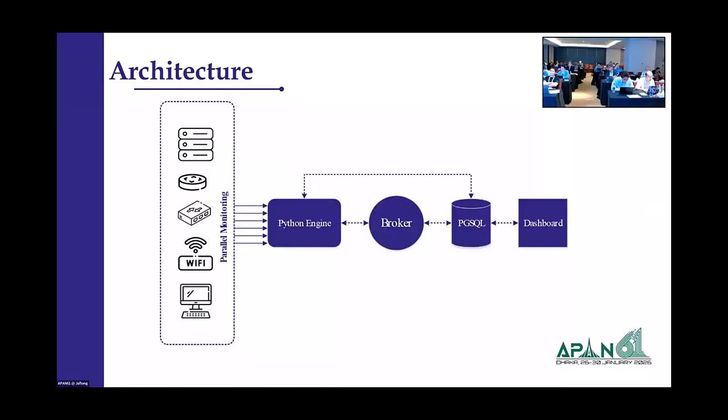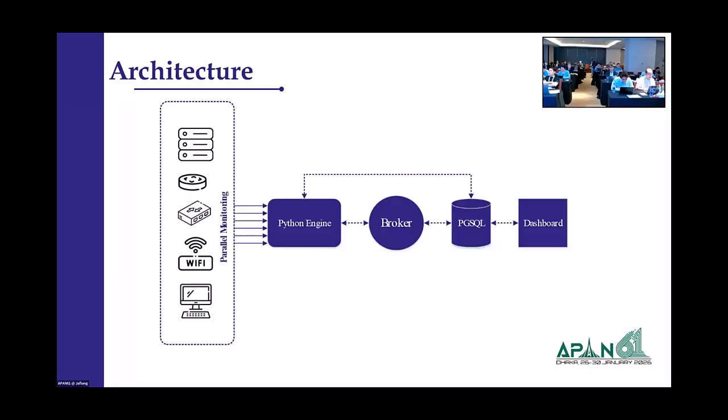Here, the main parts are the Python engine, the message broker, the database, and the dashboard. This Python engine at first collects IP addresses, community strings, and other necessary information from the database. After that, it performs ping operation and SNMP operation, and all the operations perform in parallel or asynchronous mode.